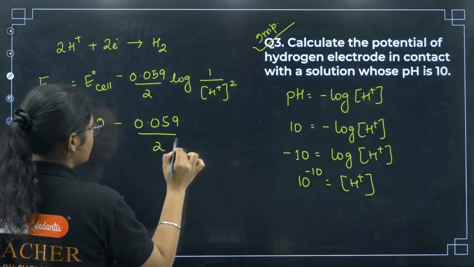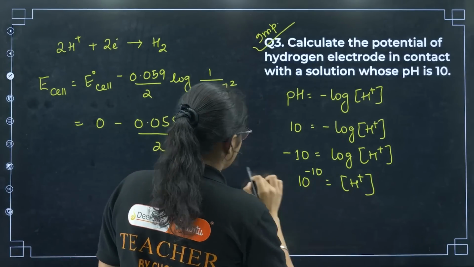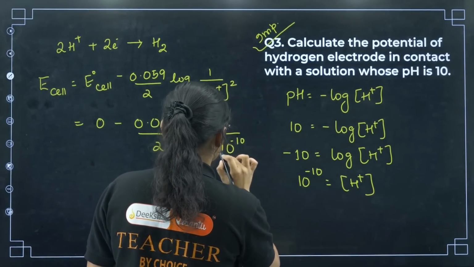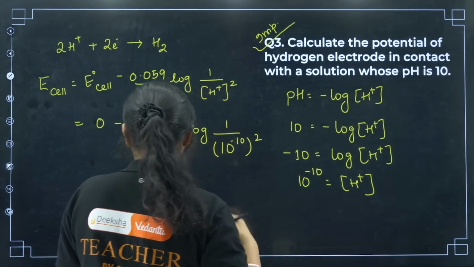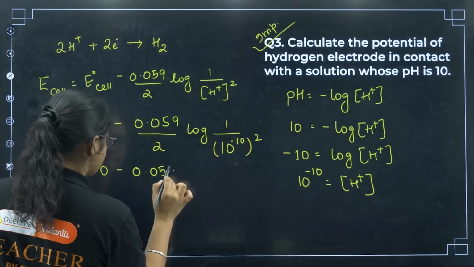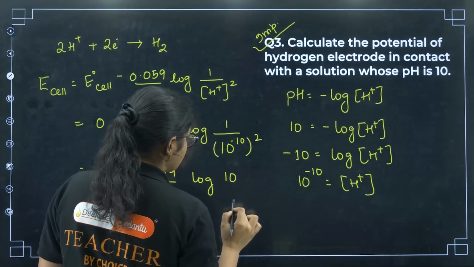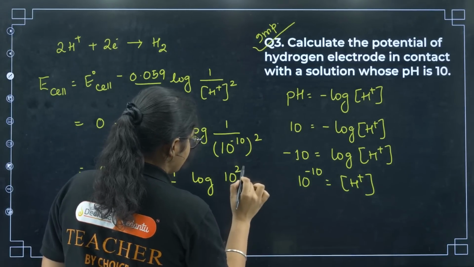Then 0.059 by 2 into log of 1 by H⁺ squared, which is 10 to the power of minus 10 squared. If I take this to the numerator, we will get log of 10 to the power of 20.